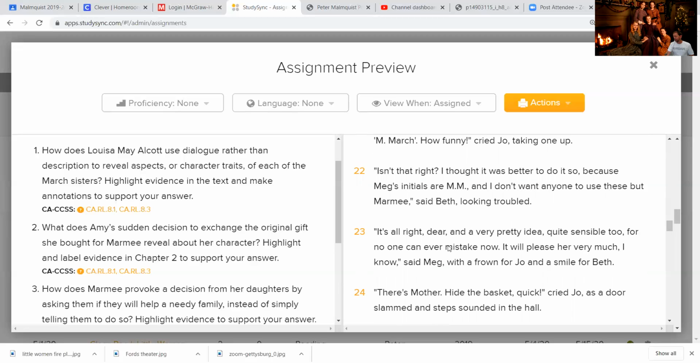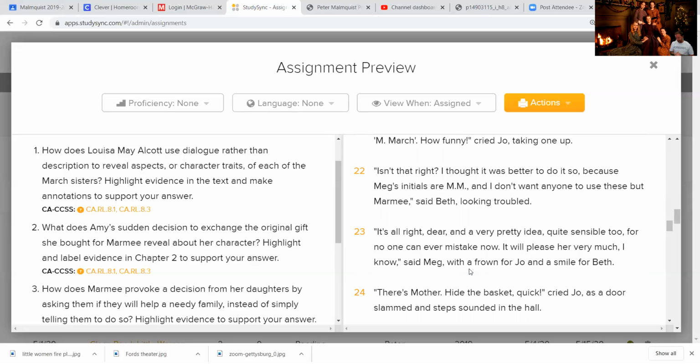Okay, paragraph 23 is where Meg now talks. "It's all right, dear, and a very pretty idea, quite sensible too, for no one can ever mistake now. It will please her very much. I know," said Meg, with a frown for Jo and a smile for Beth. So Meg here is looking a little bit more considerate than Jo, right?